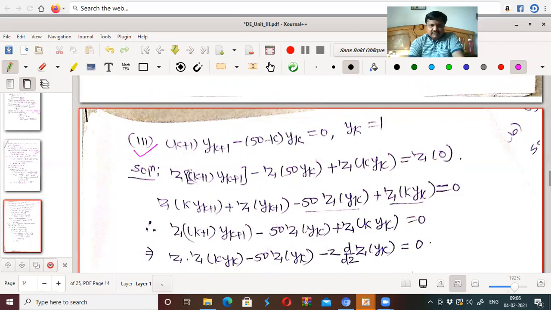Applying Z transform on both sides, what you will get? Z transform of k plus 1 into yk plus 1 minus Z transform of 50 into yk plus Z transform of k into yk equal to Z transform of 0.